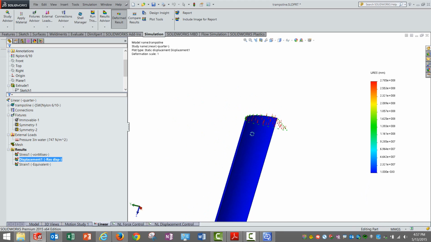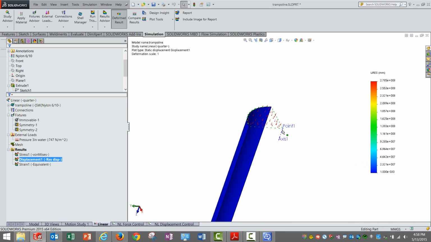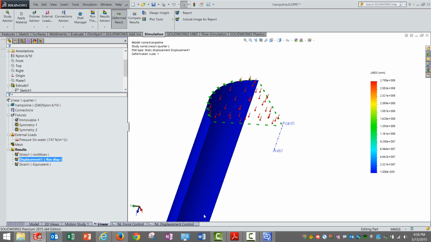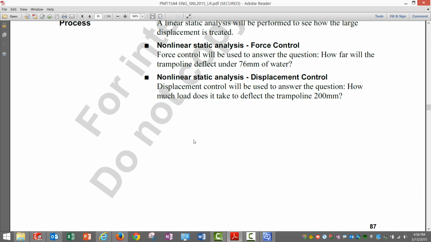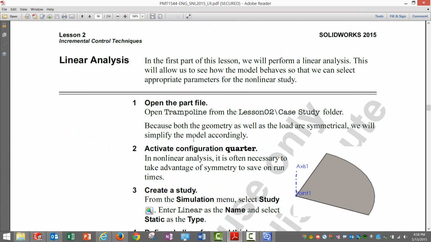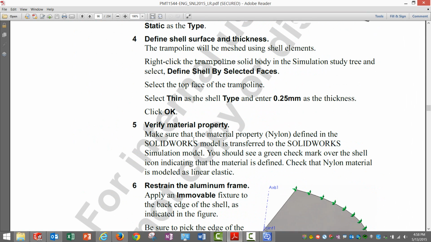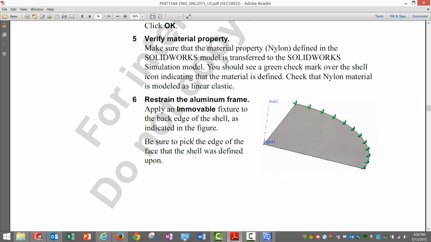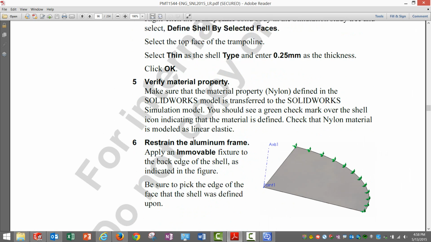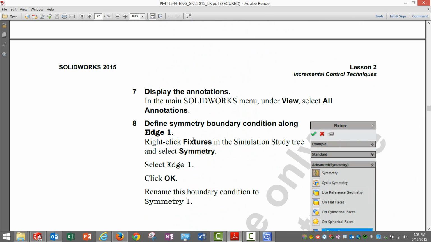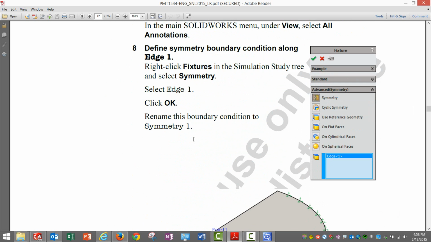There are many important topics to be understood here, but one basic fact remains that the stiffness of this particular shell or the trampoline is very low in the planar direction, and if we do not give that initial stiffness to support the load, or if there is no stress inside the trampoline to support it, then such a behavior can be seen. And that's what we are seeing in this linear static analysis.